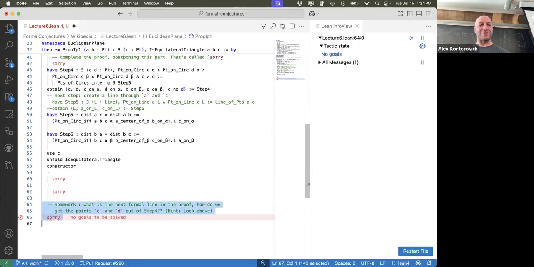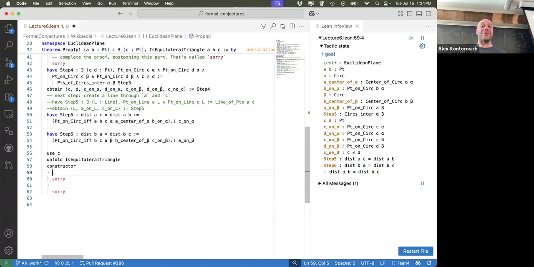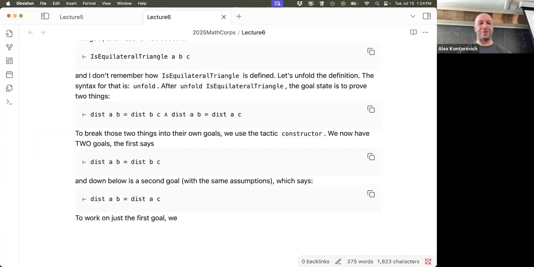Sorry means I don't want an error message. Sorry means I haven't given you the proof. So we write \dot, which just hides the goals you're not working on.